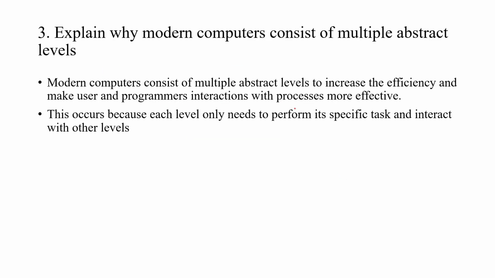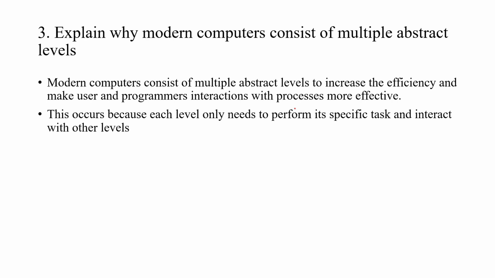Alright, so explain why modern computers consist of multiple abstract levels. So these modern computers consist of different levels because it increases efficiency and makes the interaction between users, programmers, and processes easier to create.